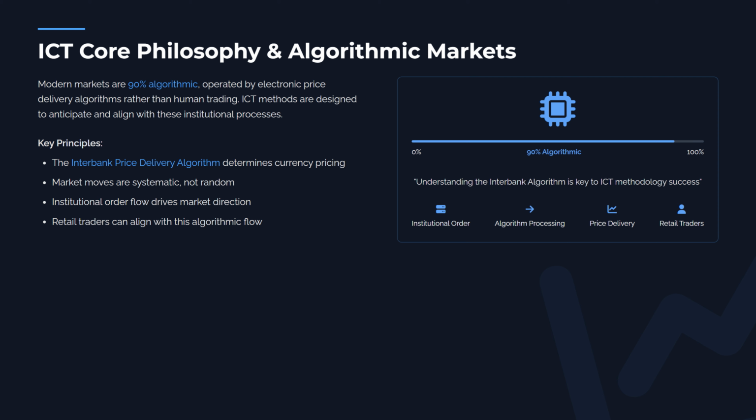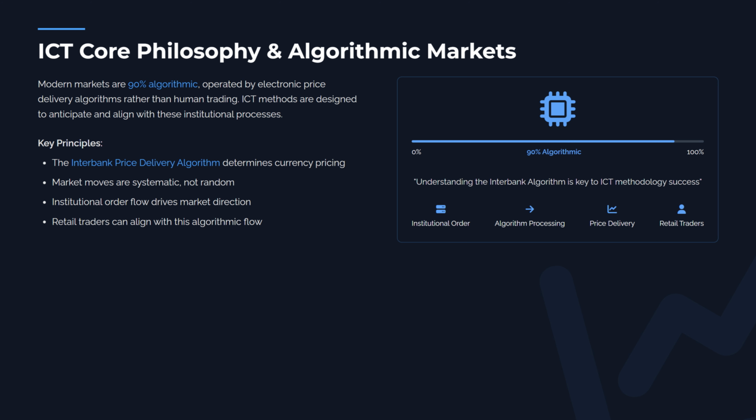Today, massive banks and financial institutions use sophisticated computer programs called algorithms to execute their trades. These algorithms can process millions of data points in milliseconds and make trading decisions faster than any human ever could. Now, you might think this makes trading impossible for regular people like us, but actually, it makes it easier if you know what to look for.